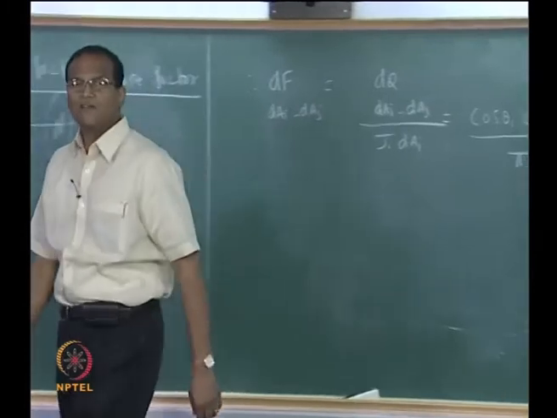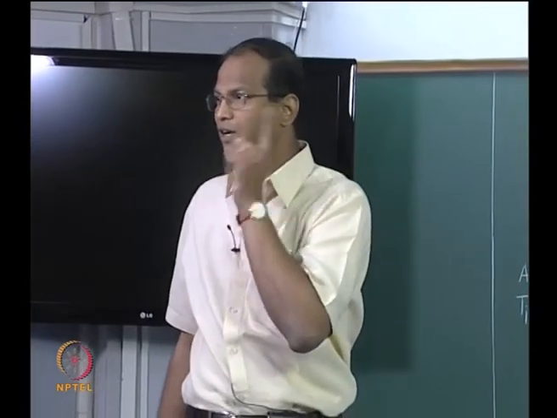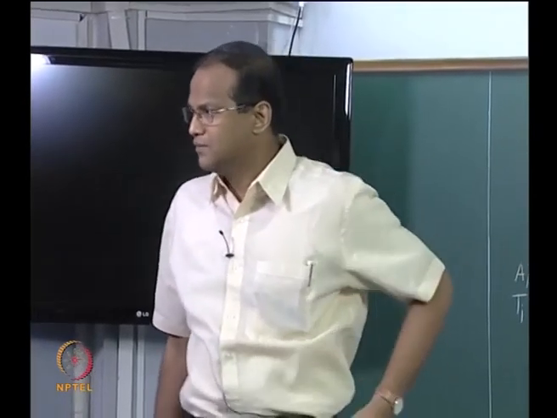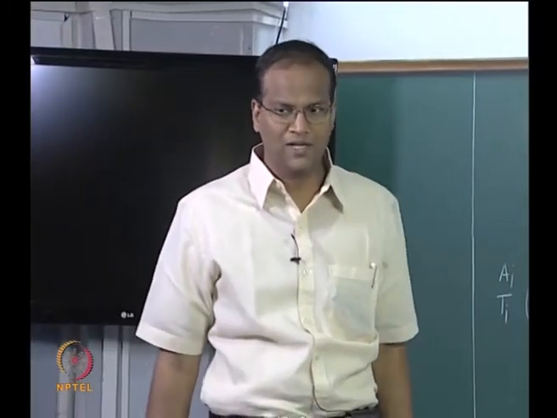F is a fraction, F is dimensionless, right? Is the right side consistent? Sure, if it is not consistent, we made a mistake. dA has got meter square, r squared has got meter square, gets cancelled.